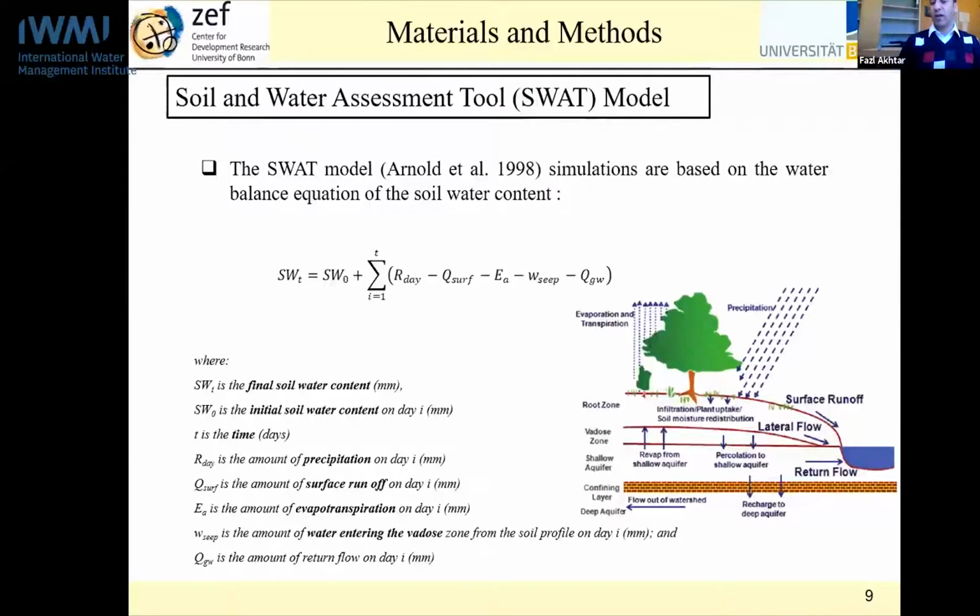The SWAT model, I might not go into more detail, but it's a water balance based model which considers moisture content, for example, precipitation, surface runoff, evapotranspiration, seepage, and return flow.